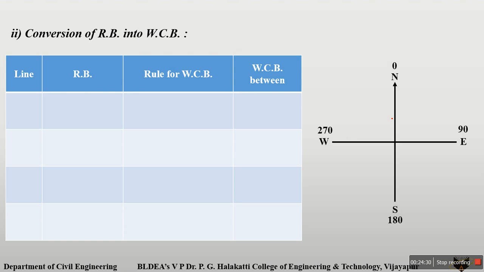So this is our compass. As I told, this is 90 degrees and this one is 0 degrees. This is the AB line.